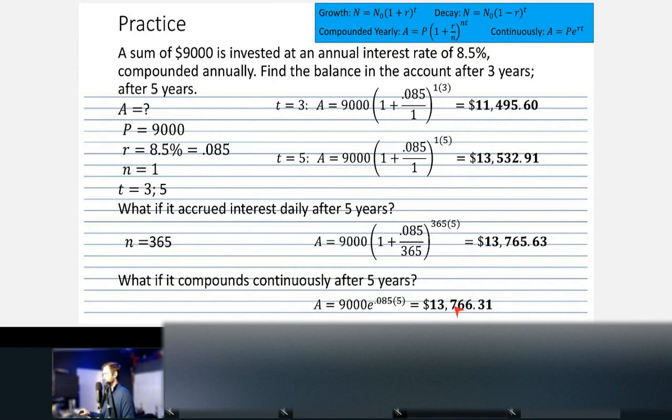So about maybe $240 more if you compounded continuously. Kind of makes sense. And this one has a larger impact because the amount we're investing in our account is a lot higher than $500, and the interest rate is a lot higher than 1.1%. So it makes sense that we would have a larger difference between these two, compounded once a year versus compounded continuously. Just want to point that out.